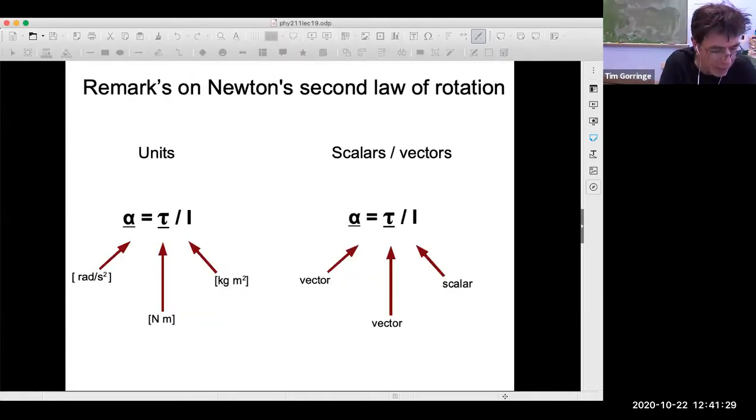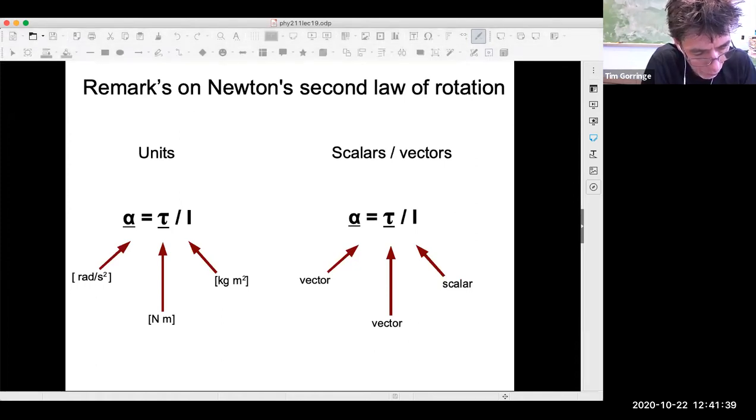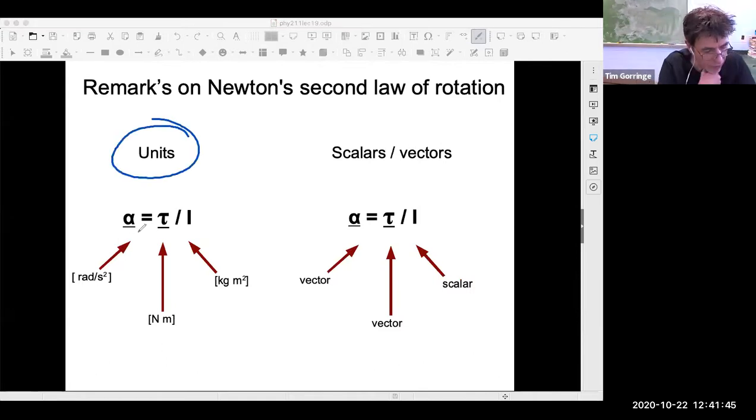Okay, I'm just going to make a couple of remarks about it on this slide, just quickly. One about the units of the quantities, and one about the nature of the quantities. So over here on the left-hand side. Torque, like force, is a vector.